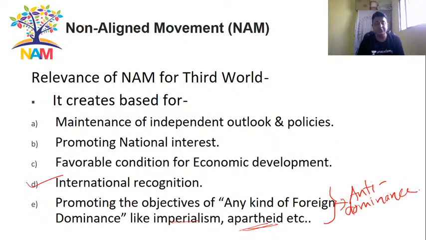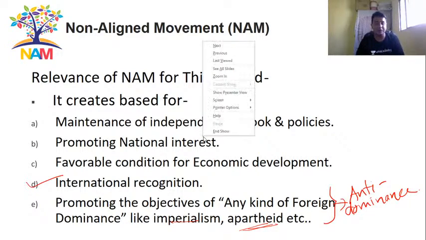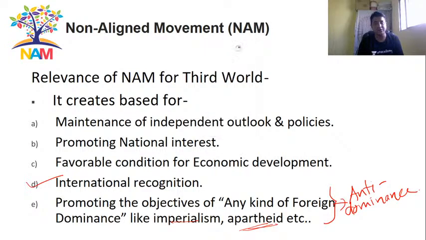There should not be any dominance of any country over the others. And NAM gave this platform. As we mentioned, NAM criticized South Africa for their apartheid. NAM members broke their ties with South Africa over the issue of apartheid.